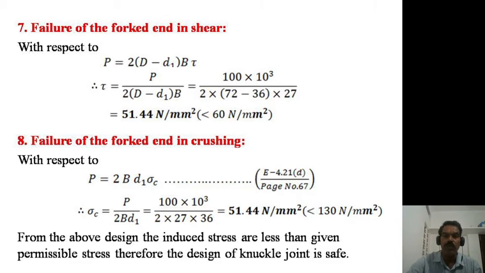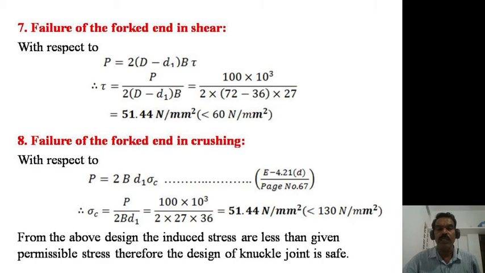So therefore we have to take it outside. Therefore tau is equal to this divided by all this. So capital P, that is load, 100 into 10 raised to 3, divided by 2 into bracket capital D minus small d1, into B. By substituting all values, P is equal to 100 into 10 raised to 3, divided by 2 into bracket capital D, that is 72, minus small d1, that is equal to the d value, that is 36, close the bracket, into B value, that is 27.